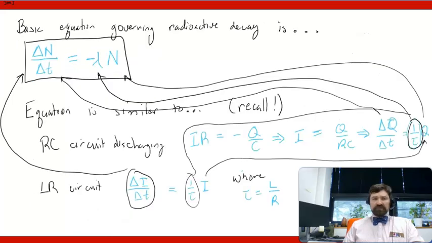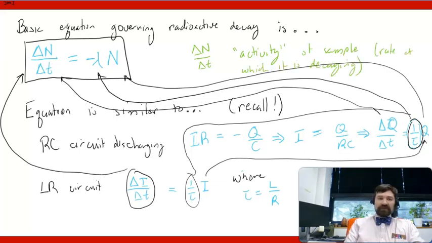Now there's another thing to note, which is that when I introduced over here delta N over delta T, which is the rate at which the nuclei are decaying, it is also called the activity. So this represents the activity of the sample.